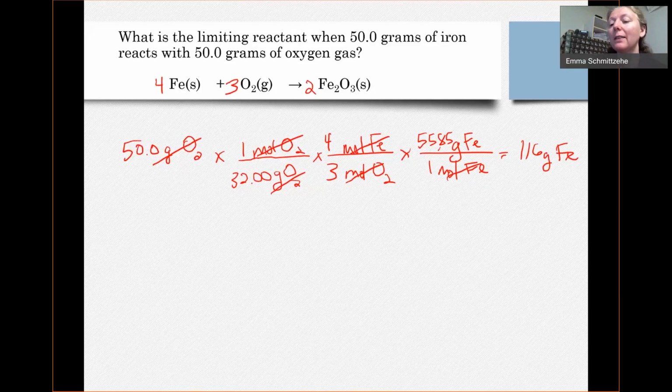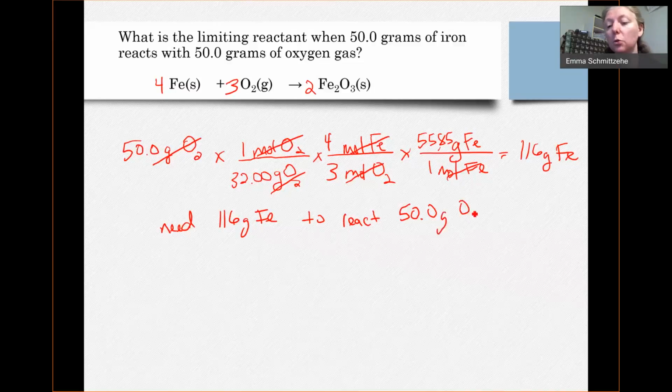So here, this means I need 116 grams of iron to react with 50.0 grams of O2.